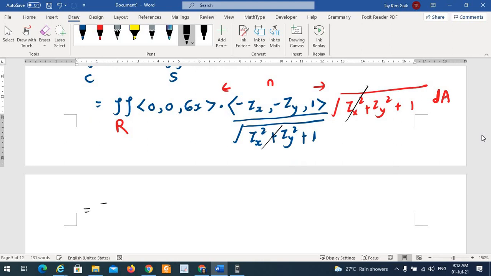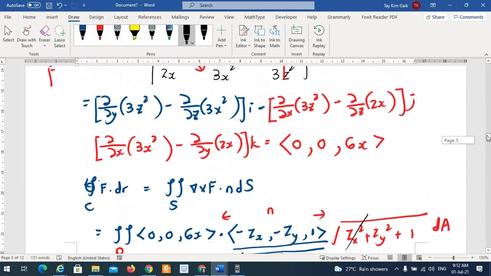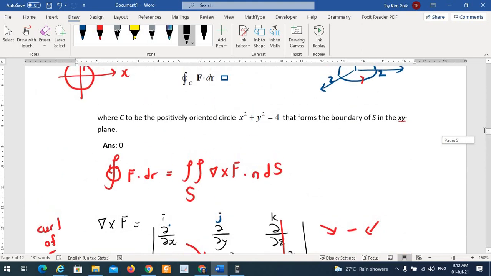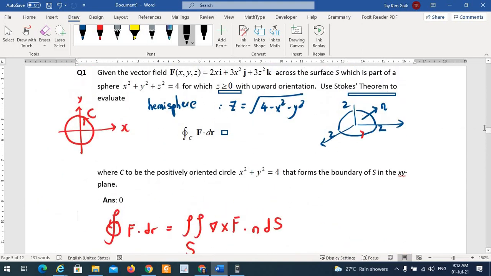So you get F dot with negative zx, negative zy, 1, dA. Okay, to get your zx, zy, so this is the z here.